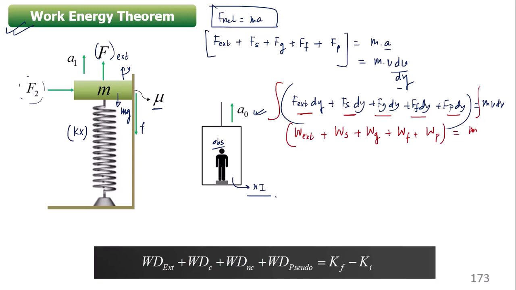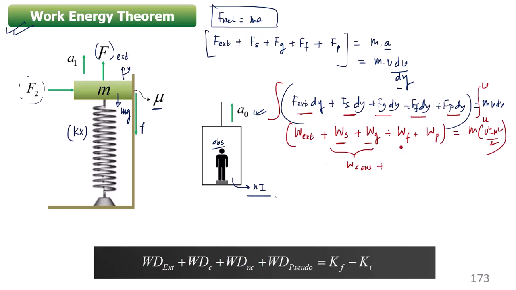If I take m common, m is outside, and going from initial velocity u to v, it gives (v square minus u square) by 2. Now we know that the work done by the spring force and the work done by gravity are conservative forces. So I can write this as the work done by conservative force.